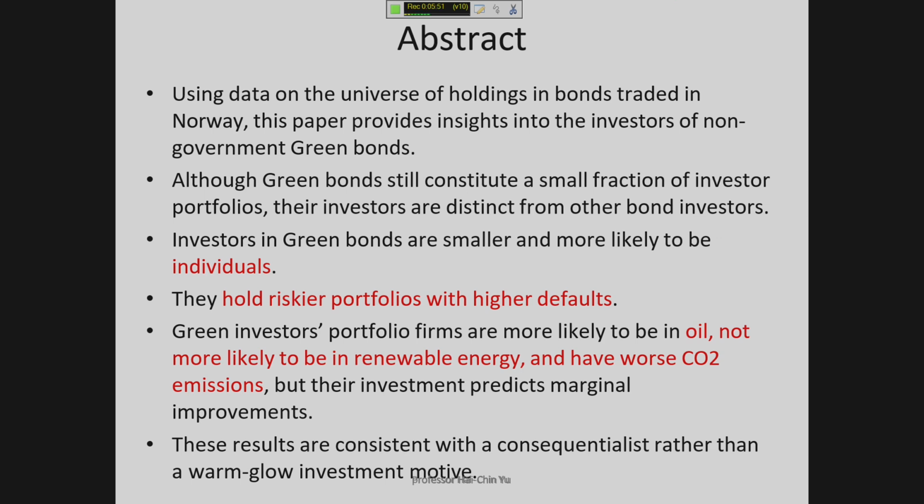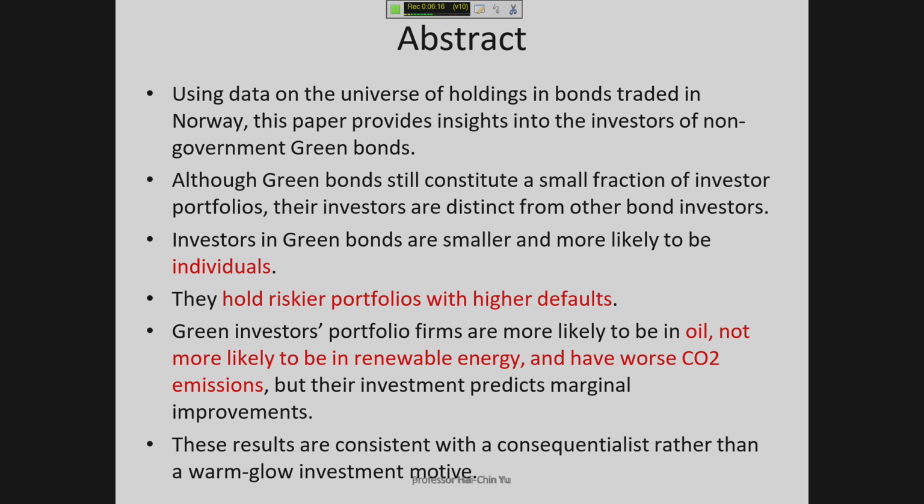So this paper examines a different dimension. They are not examining the pricing model, or higher or lower yield to maturity. They are examining the heterogeneity of the investor type and also the volatility of the green bonds.